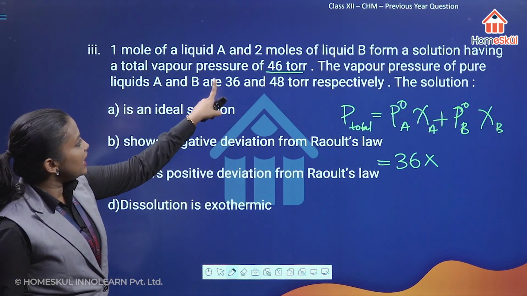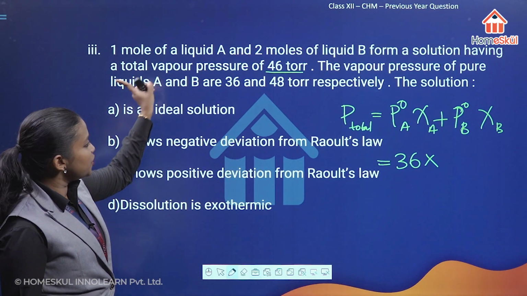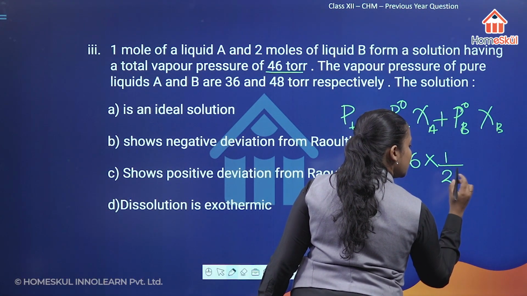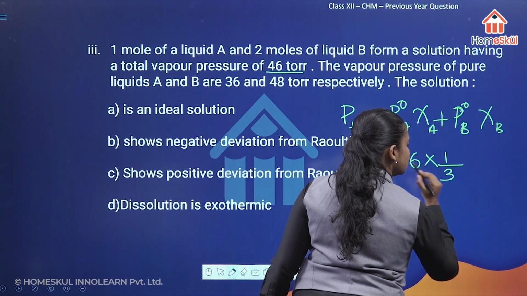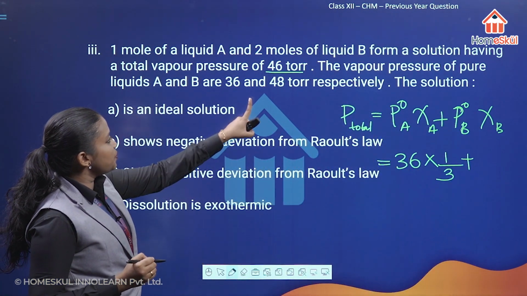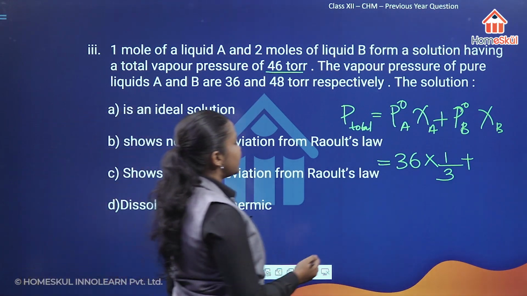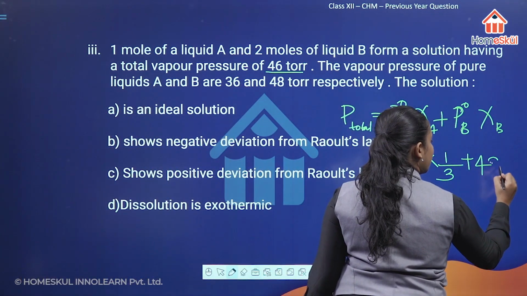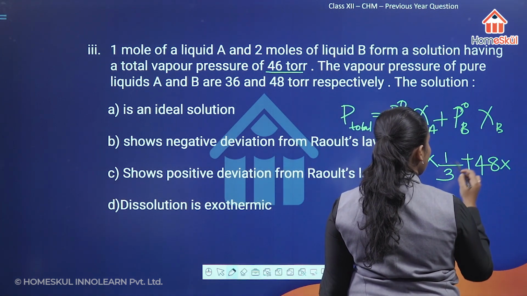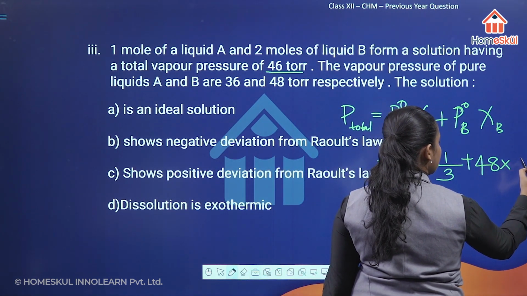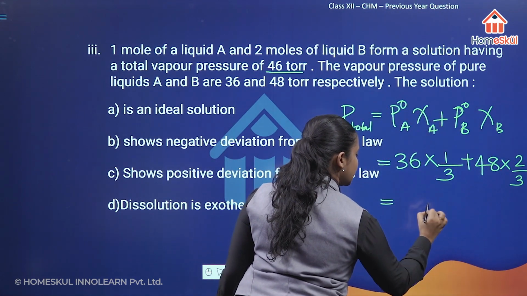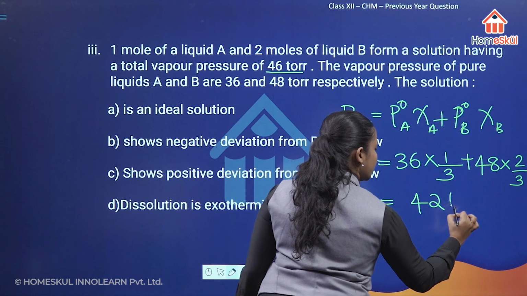Here, A is 1 mole, so we can take it as 1/3, plus P0B. Vapor pressure of the pure liquid B is 48, into 2/3. So this will give 42.